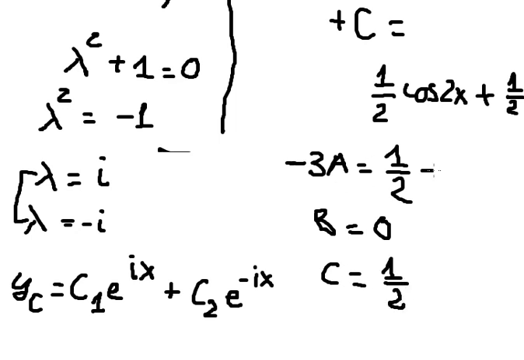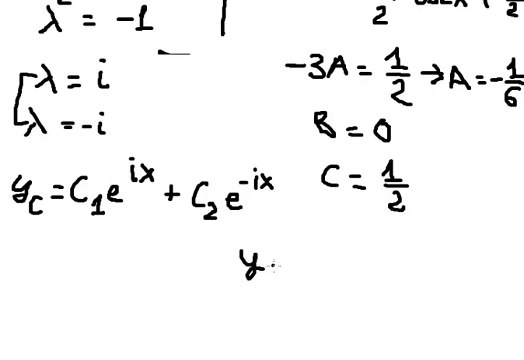So we can find the value of a. We divide both sides by negative 3 and we have negative 1 over 6. And now we have yb equals negative 1 over 6 cosine 2x, and we have 1 over 2 here.